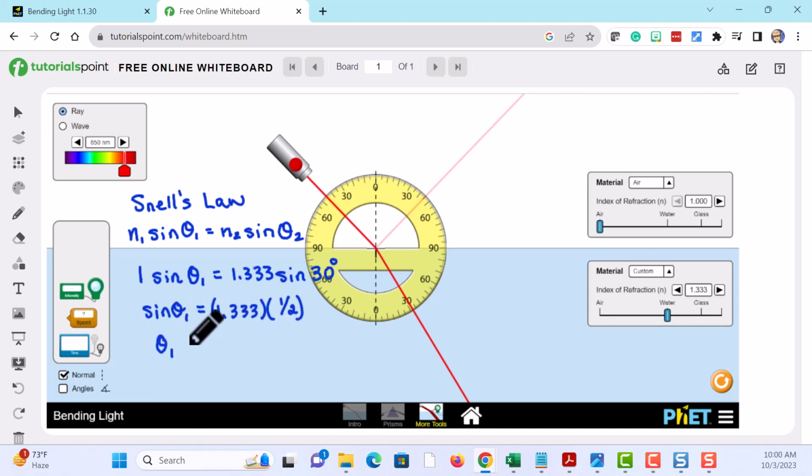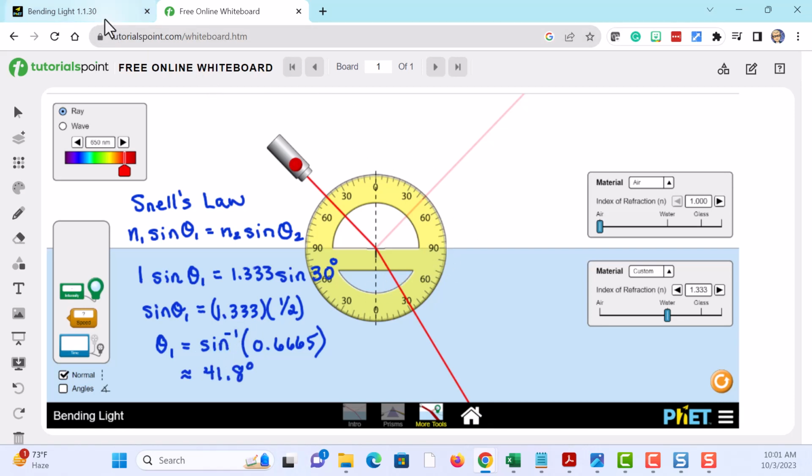So theta 1 is equal to the inverse sine of 1.333 times 1/2, which is 0.6665. Now we can evaluate that on our calculator, making sure that it's in degree mode, and we come up with about 41.8 degrees.